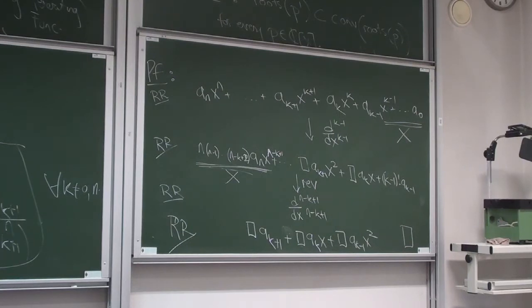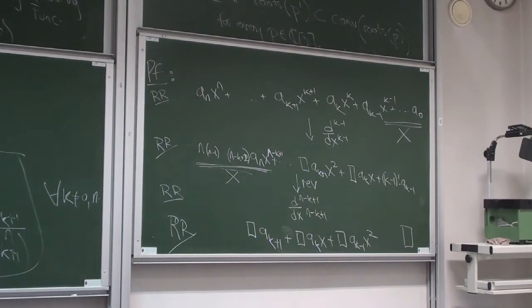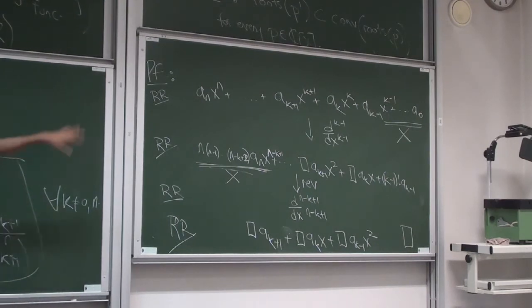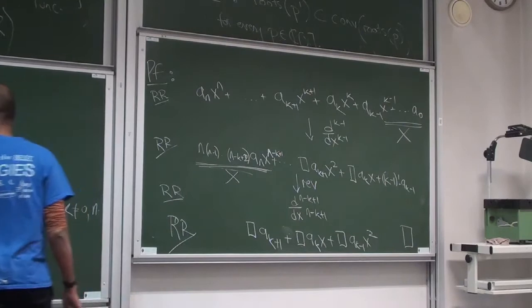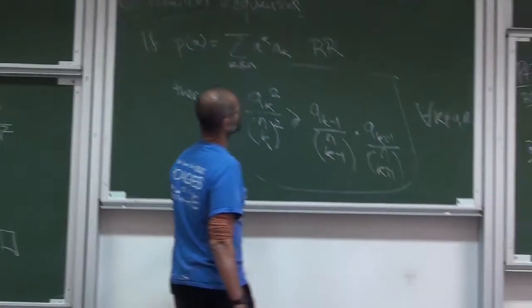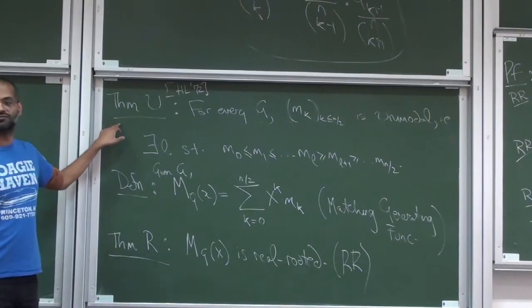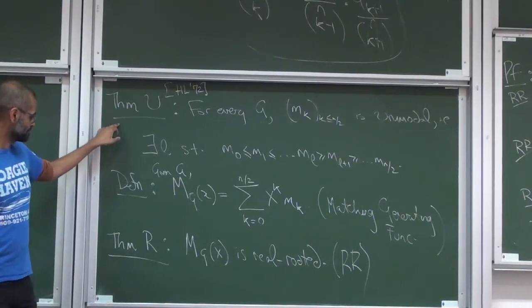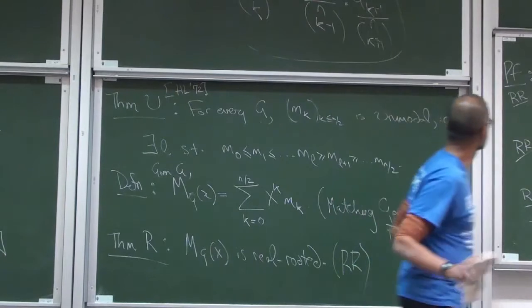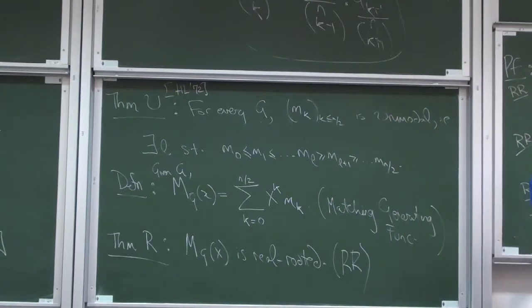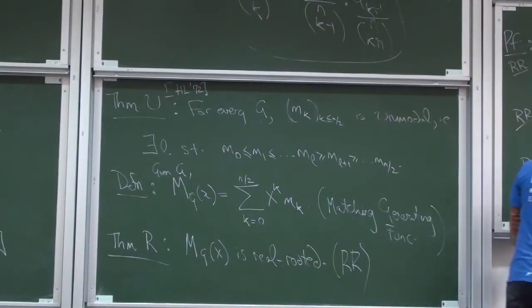Okay. So now let's get back to what we were doing and see why we're happy, right? We had this little foray into real-rooted polynomials with roots of elementary properties. And now we can quite easily see why theorem R implies theorem U. So why is that?